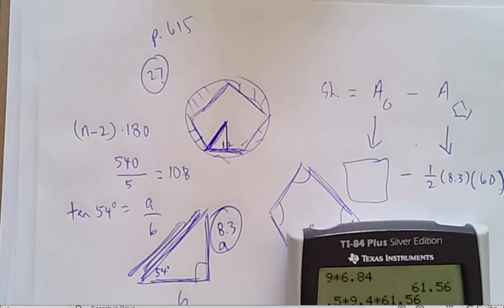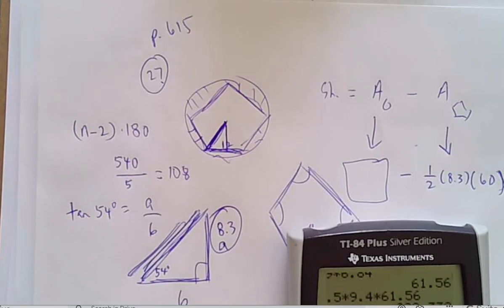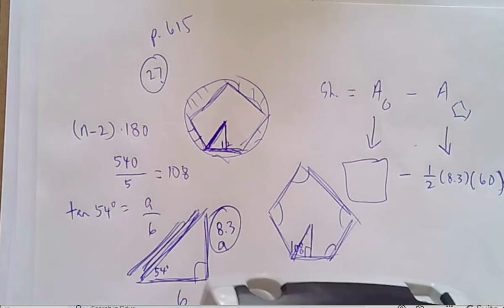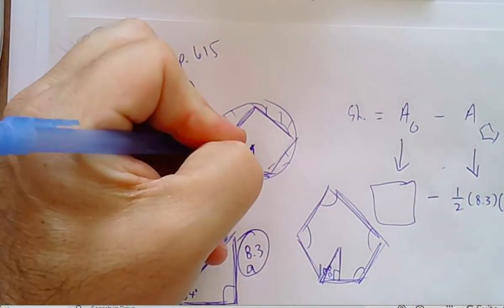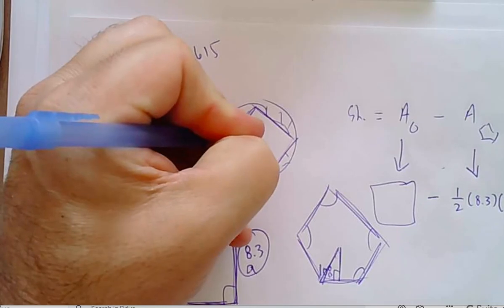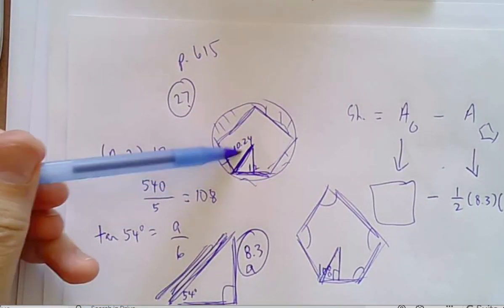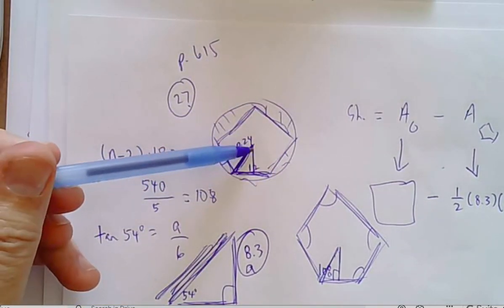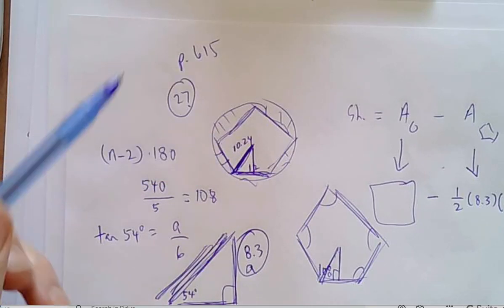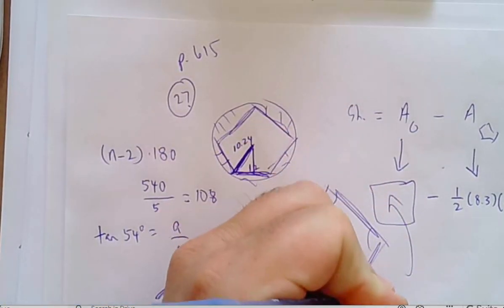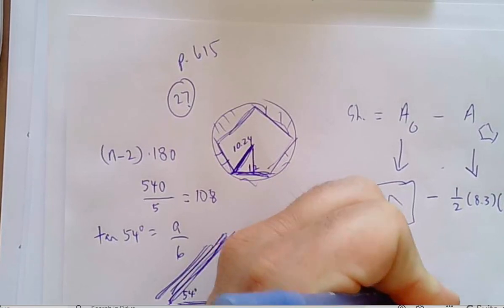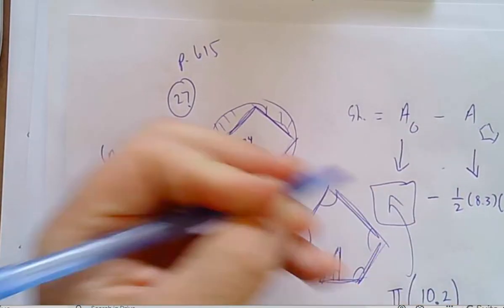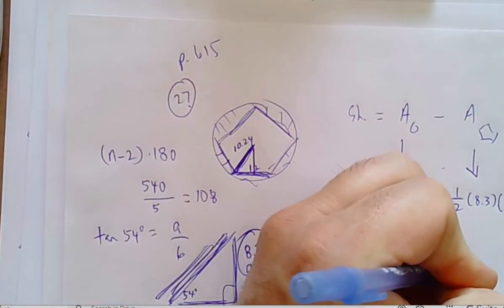Pythagorean theorem, 6 squared plus 8.3 squared, square root, 10.24 is the hypotenuse of this right triangle, which is the radius of the circle. So the area of the circle is pi r squared, let's use 10.2 because we're viewing one decimal place.